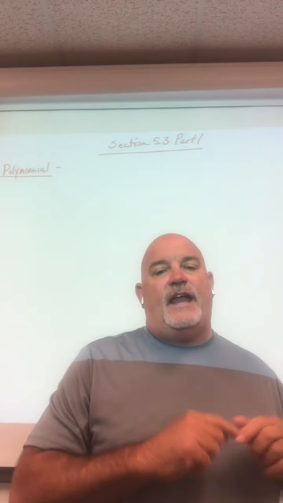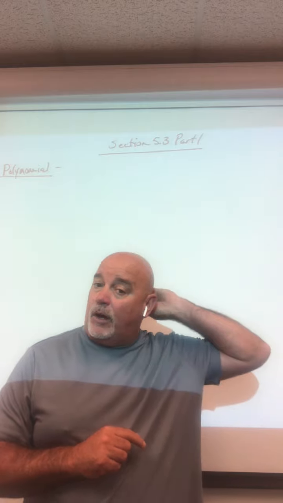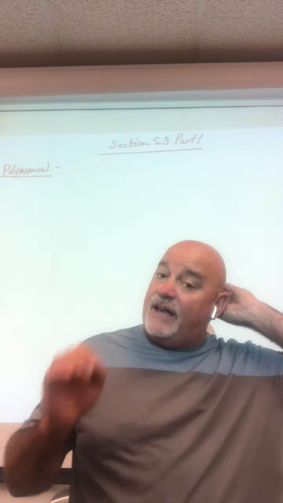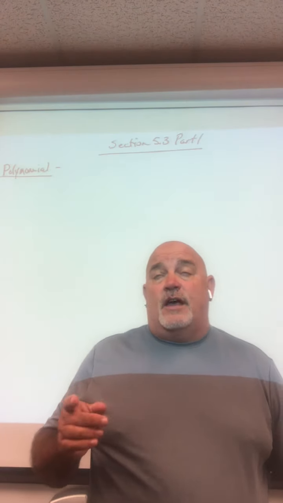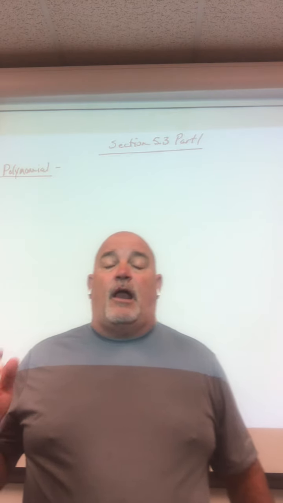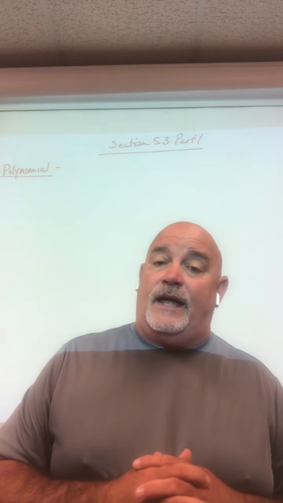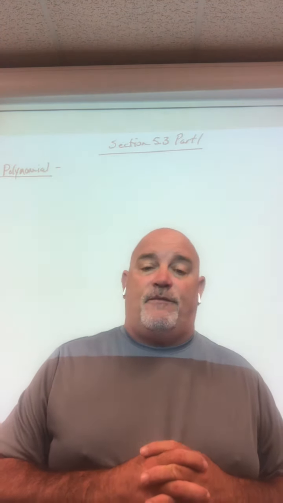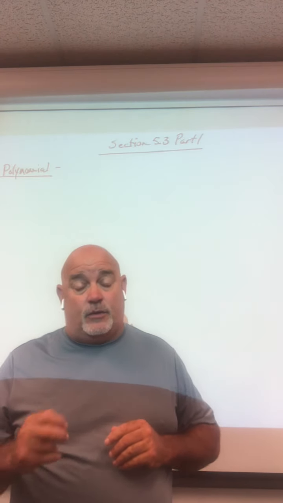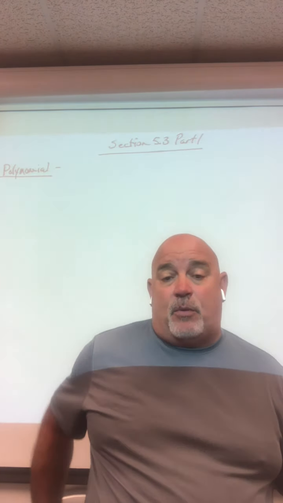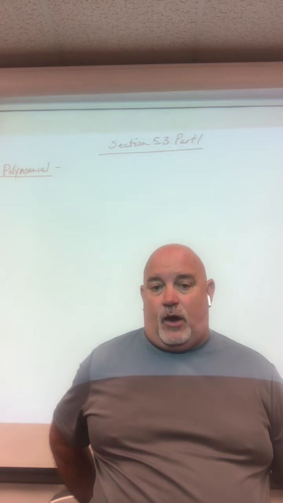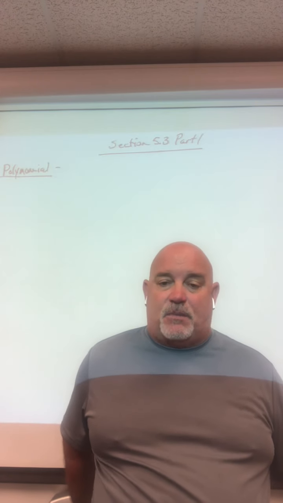You will never see a negative exponent in a polynomial. You can have exponents, but not negative exponents. So a lot of the problems that you looked at in 5.1 and 5.2, particularly 5.2, but a lot of them in 5.1 also were not polynomials because they had negative exponents.